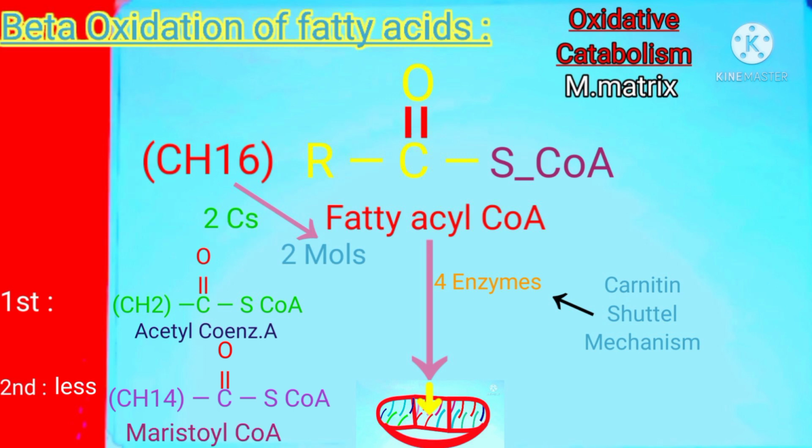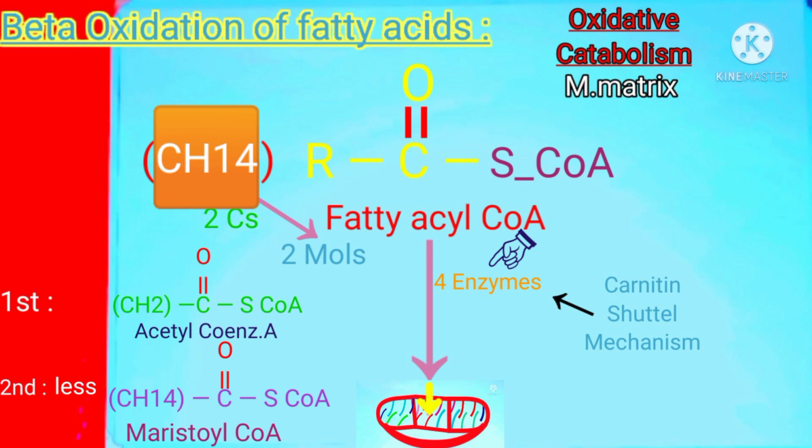Now the main point about this beta oxidation pathway is that the newly formed fatty acyl coenzyme A, which is two carbons shorter than the parent compound, reenters this pathway. Therefore, we start with the 14 carbon compound Myristoyl CoA, which is acted upon by the same four enzymes, and this leads to the production of a new 12 carbon fatty acid.